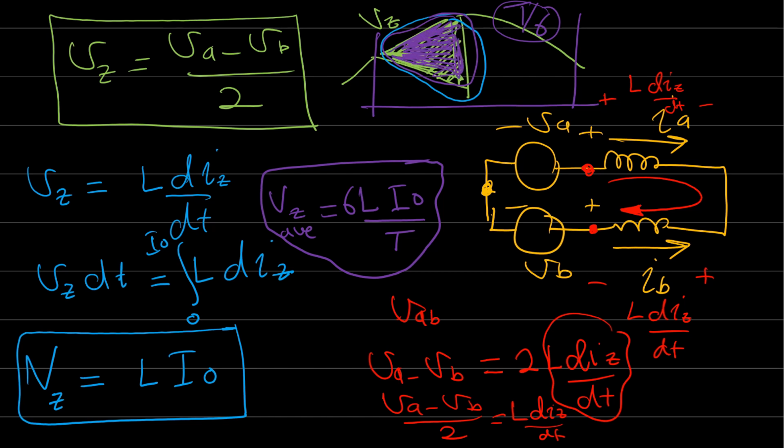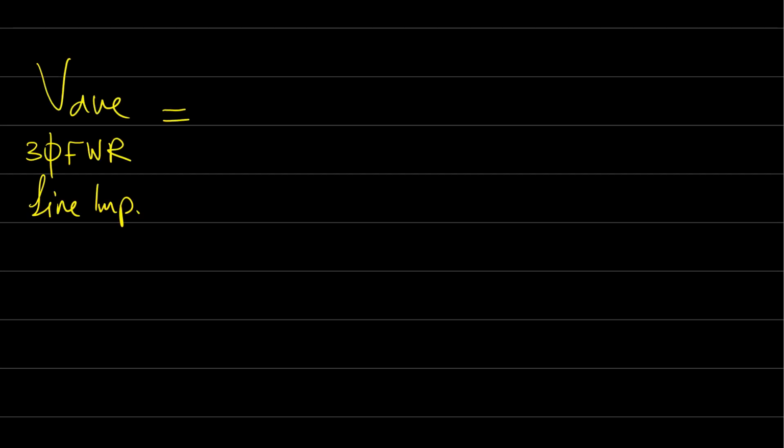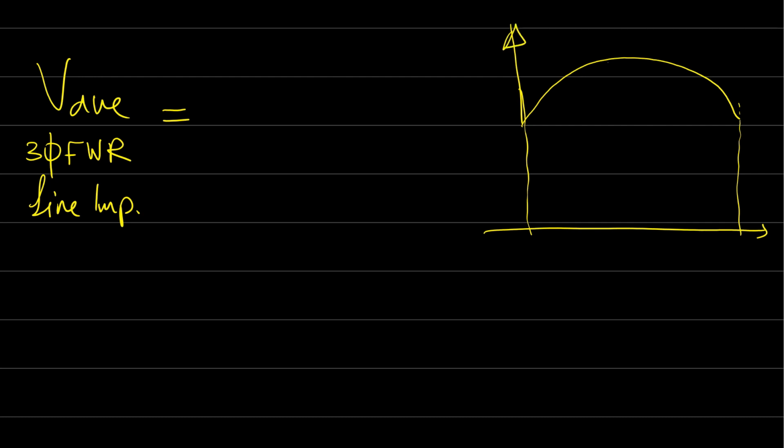Now we can say that the output voltage is equal to this voltage minus this portion. We get the average voltage for what? For the three-phase full wave rectifier. So finally we can say that the average voltage is equal to the average voltage without line impedance, minus this small portion, right? Minus this one, the average voltage for this small portion.